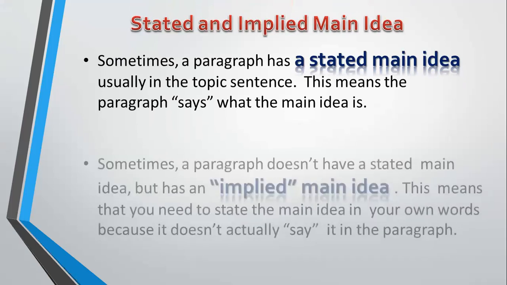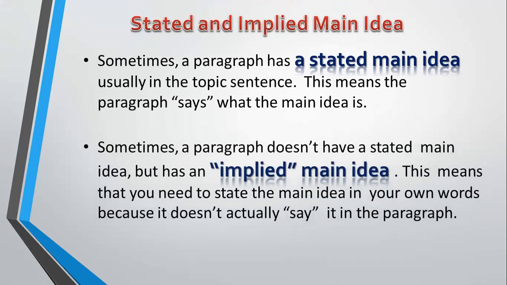The second type is the implied main idea. The implied main idea is not in the beginning of the paragraph. You read the whole paragraph and you get the general meaning of it. Sometimes the writer wants you to get more interested and involved in the paragraph.